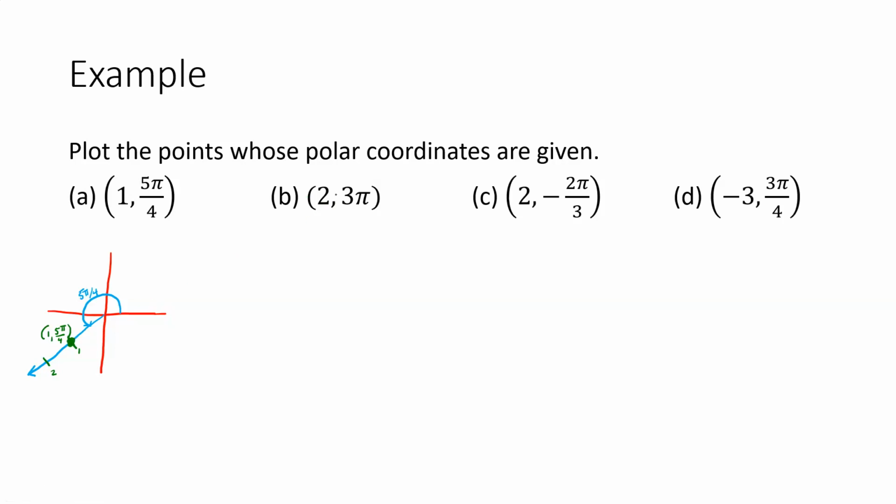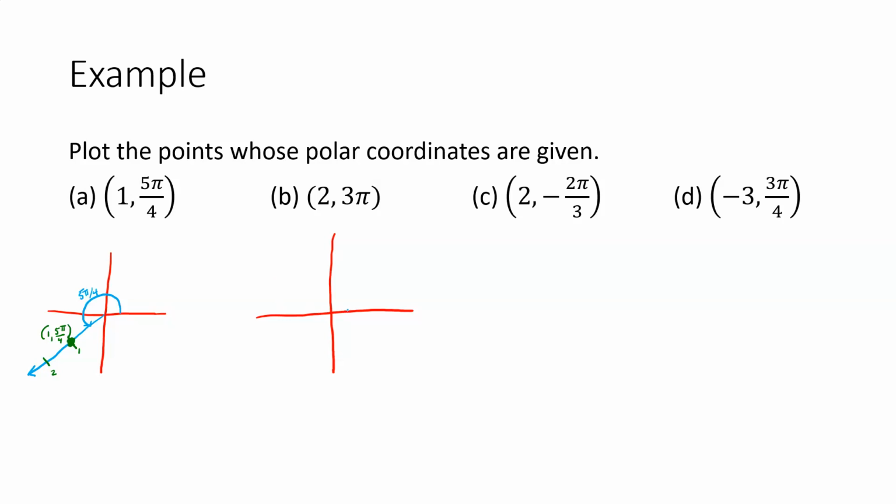Where does the point 2, 3 pi land? In this case, our point 2, 3 pi is going to be a distance of 2 away from the origin, and it's going to make an angle of 3 pi with the polar axis.